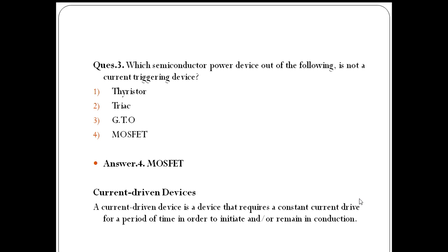Actually, the first three are current controlled devices and MOSFET is a voltage controlled device. So option 4. A current driven device is a device that requires constant current drive for a period of time in order to initiate or remain in conduction.